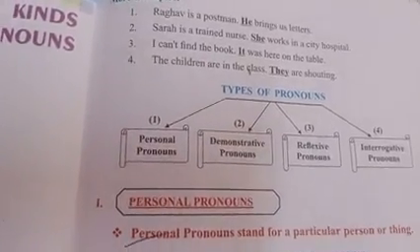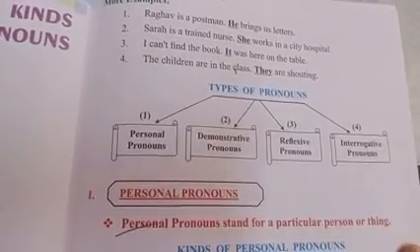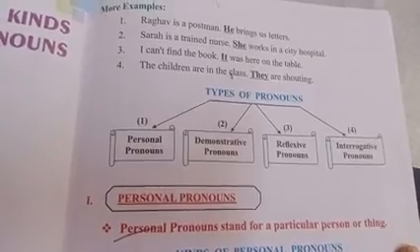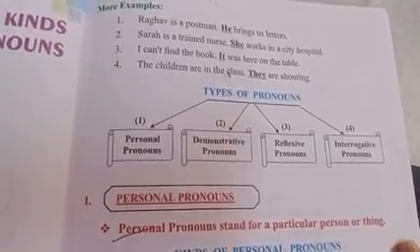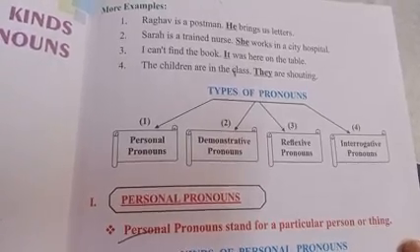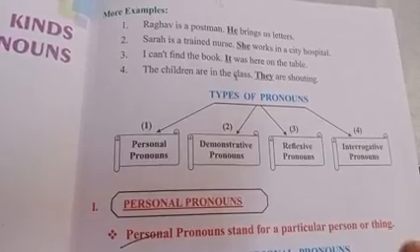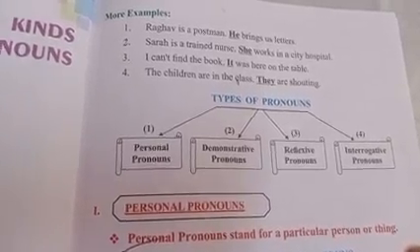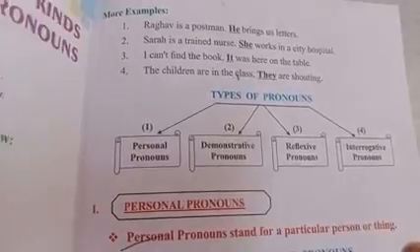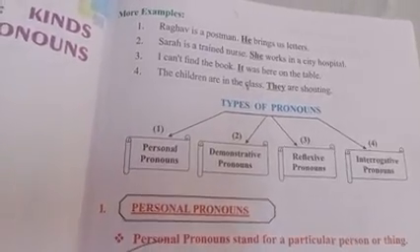Personal pronouns. Personal pronouns stand for a particular person or a thing. As we had studied, a proper noun stands for a particular person, place, animal or thing. So, personal pronouns stand for a particular person or thing.